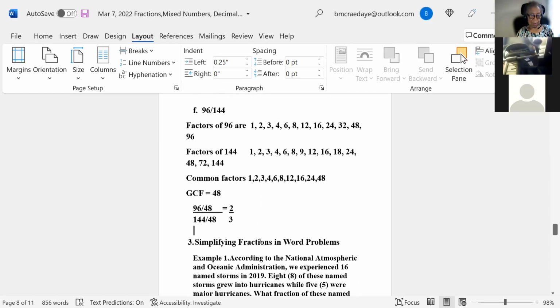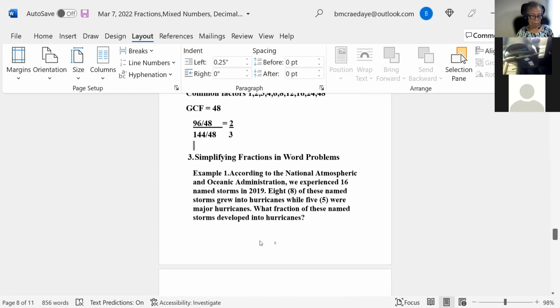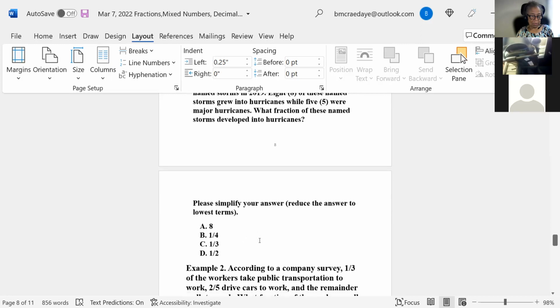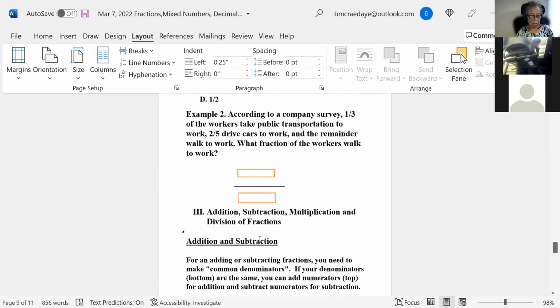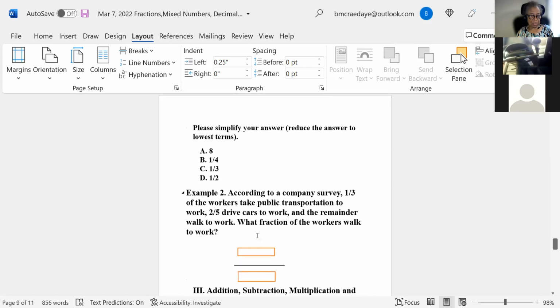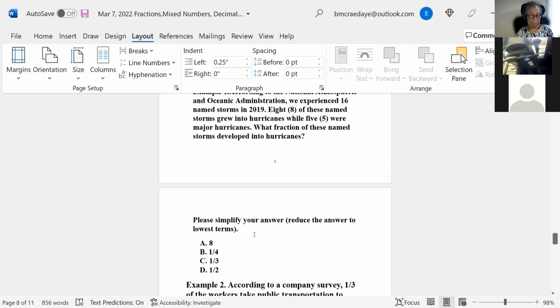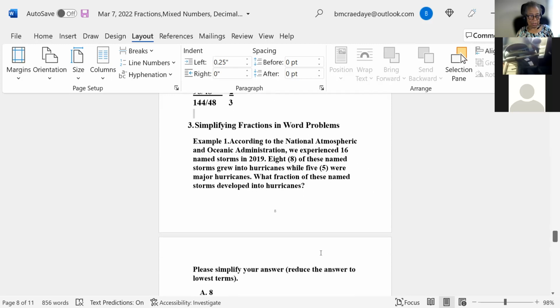Now, I'll give you probably these as word problems. And then we'll start with addition, subtraction, multiplication, division of fractions. These last ones, Maureen, simplifying fractions and word problems, I will give you as homework. You read it, determine the fraction.